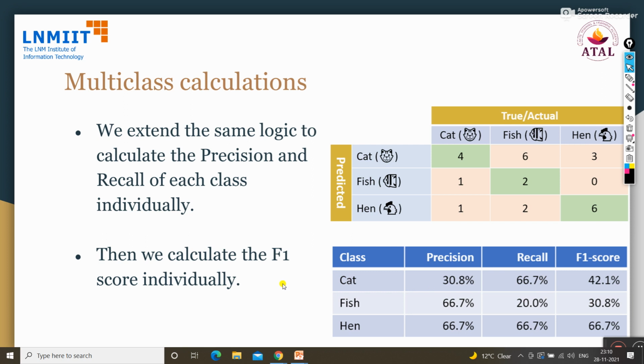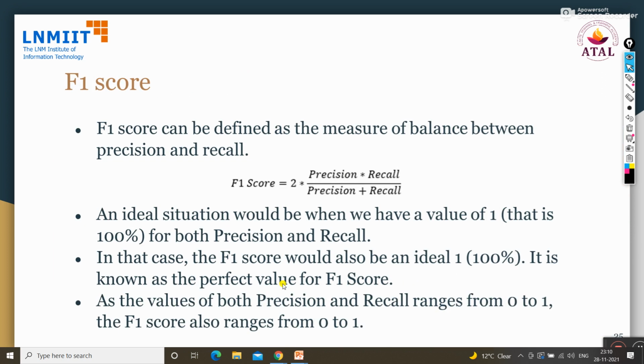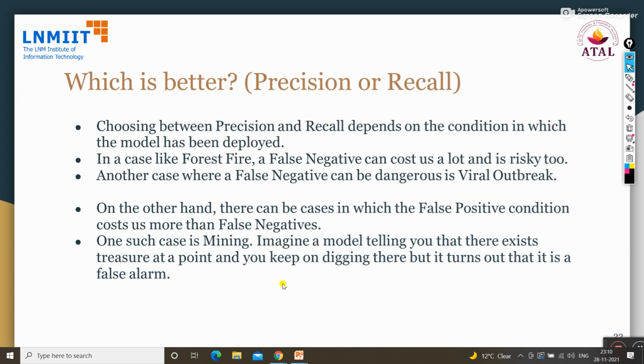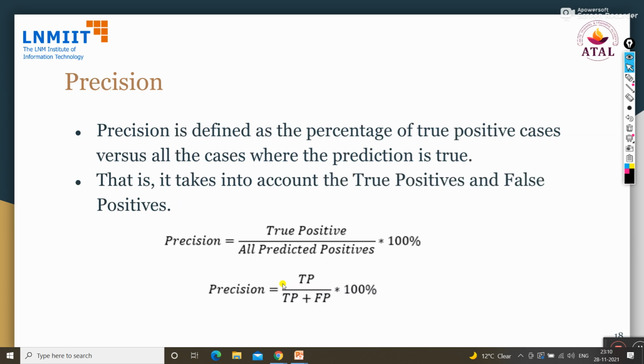The formula for precision was true positive over true positive plus false positive, times 100. So we'll take the true positive number for the cat.